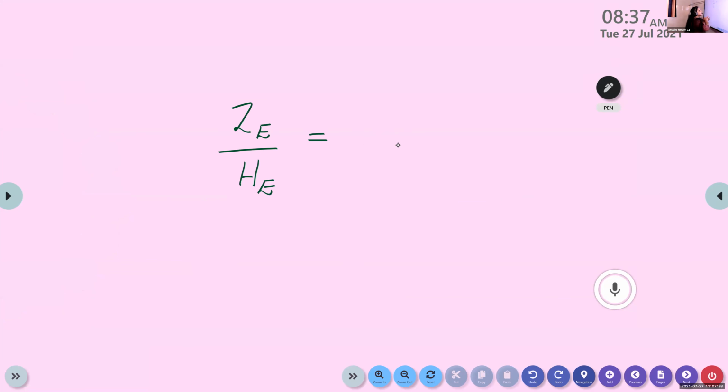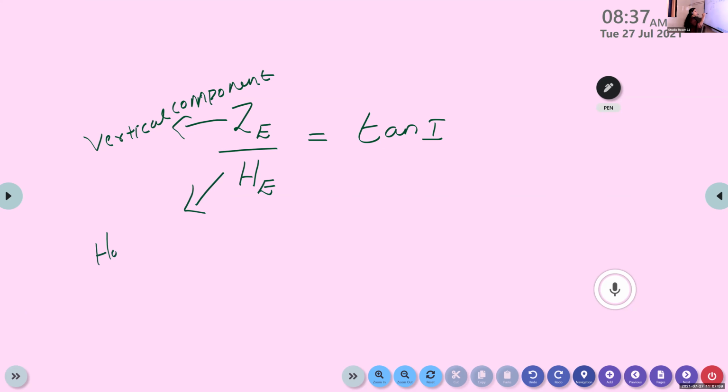Tan I means ZE cos I divided by HE cos I is equal to tan I. Here ZE is the vertical component and HE is the horizontal component.